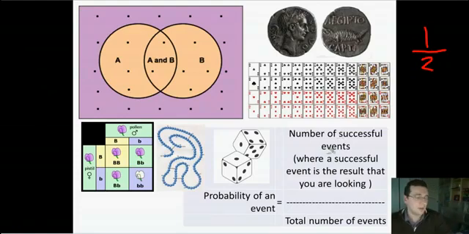What about with a die? If I roll a die, what is the probability of getting a 1? Well, there are 6 possible events, and I want a specific event, which is getting a 1. So the chances of getting a 1 is 1 out of 6. And that's pretty much how the basics of probability work. We're going to be talking about this in more detail and how to actually use probability to solve problems.